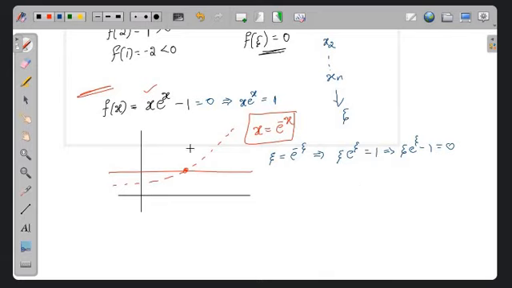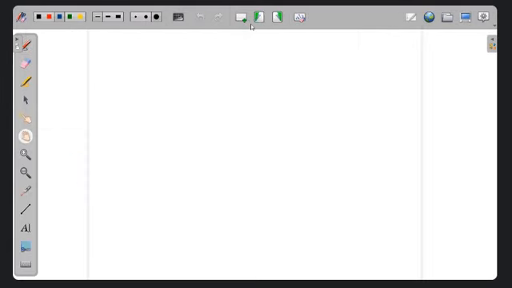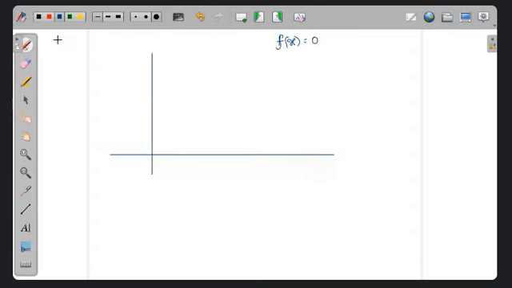Now, given a function f of x equal to 0, you try to convert it into the form x is equal to phi of x. What exactly are we doing here? Let me explain. You have some function f of x equal to 0, and I'm converting it into this form, x is equal to phi of x.